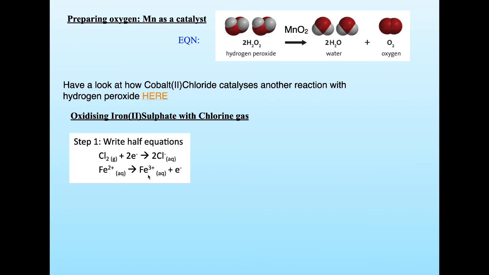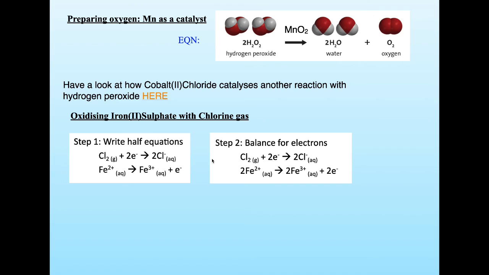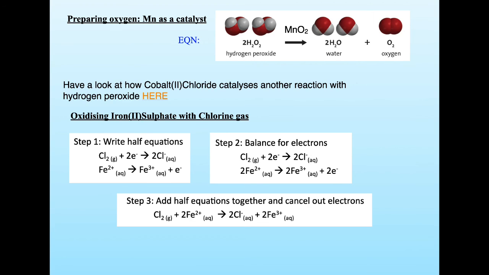It oxidizes the Fe2+. If we have to balance the electrons, then we have to multiply the second equation by 2. There you go. And then when we add them together, that's the overall equation. 1 molecule of chlorine oxidizes 2 iron 2 ions to form 2 iron 3 ions and some chloride ions.